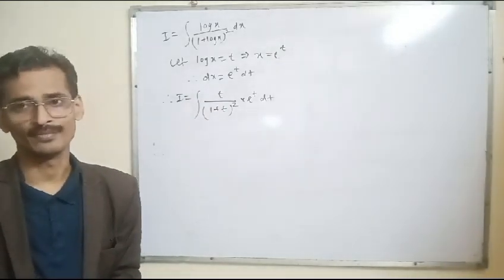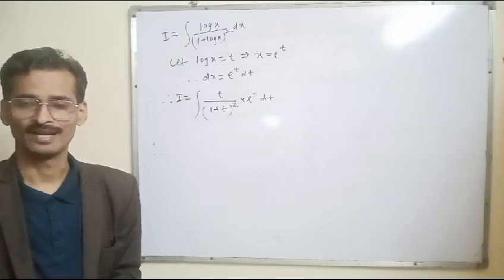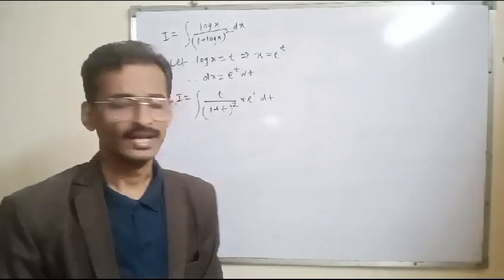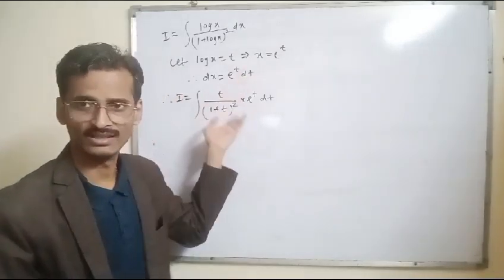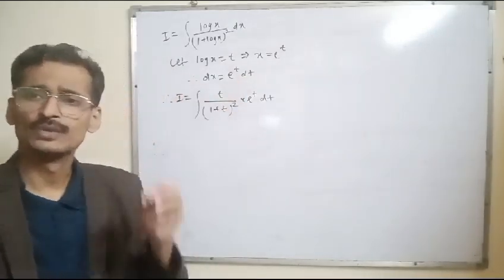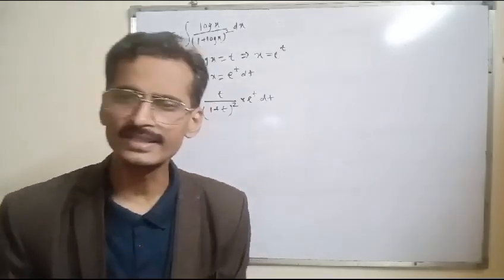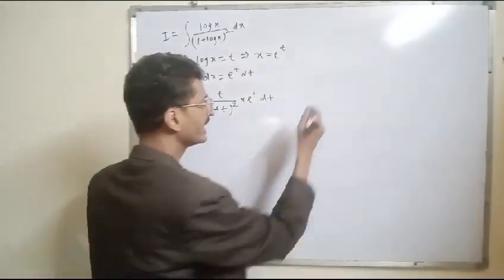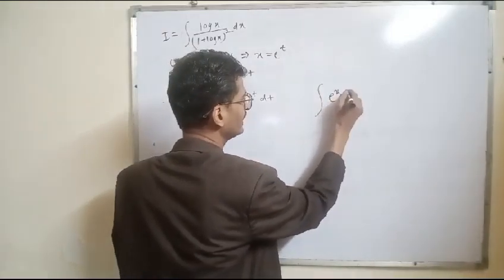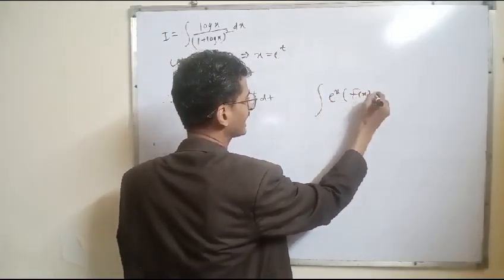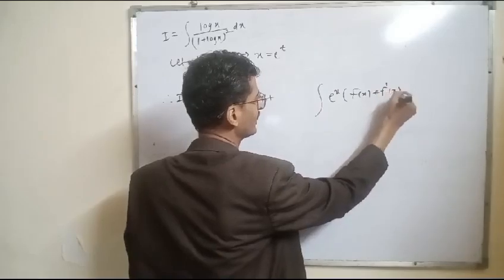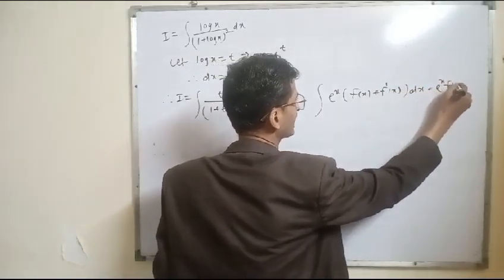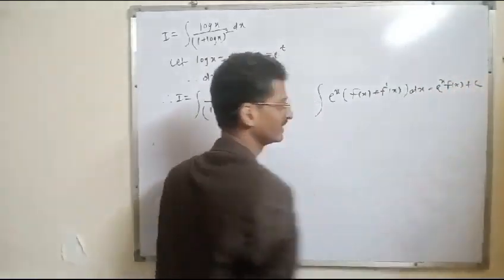So again, read this properly and think which method we can apply here. Now e raised to x is given, or here e raised to t is given. If e raised to x is given, is there any formula which we can use here? There is one theorem: integration of e raised to x, in bracket f(x) plus f dash of x, dx is equal to e raised to x f(x) plus c.